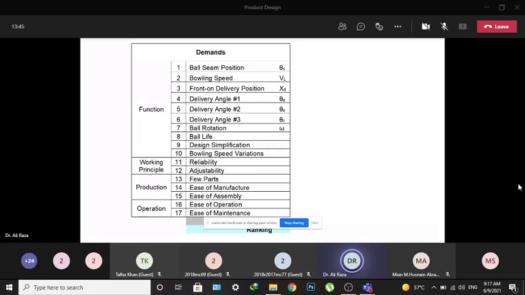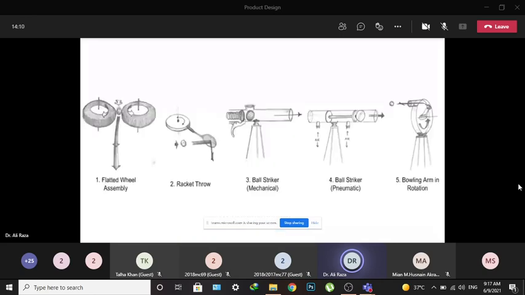We identified these as the functions, the working principles, the production aspects, the demands that we placed for the robotic boiling machine, and operational requirements. We identified that these are the set of basic criteria which will make us select one suitable option out of these five options.